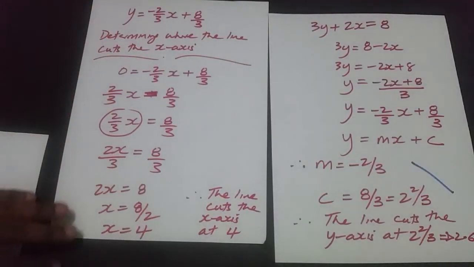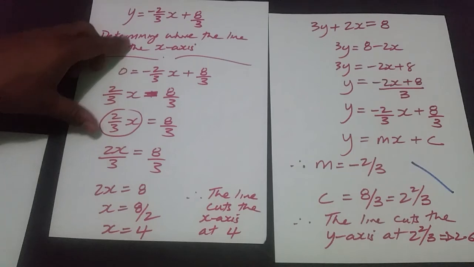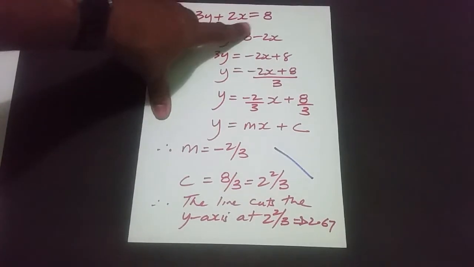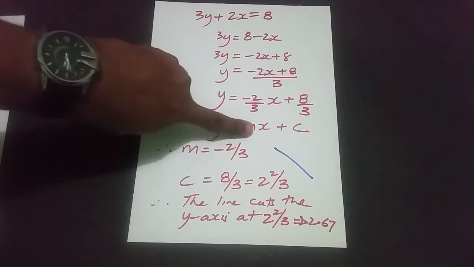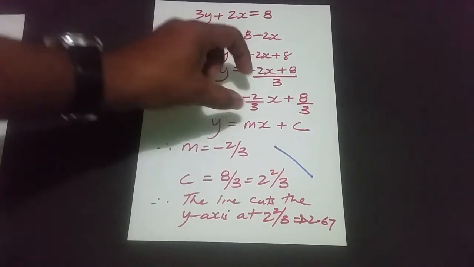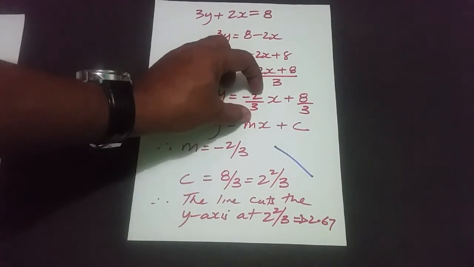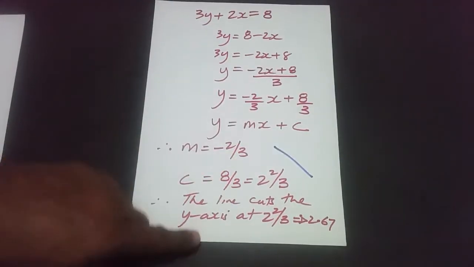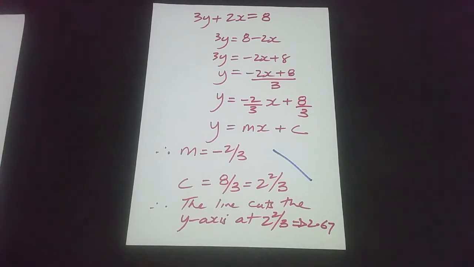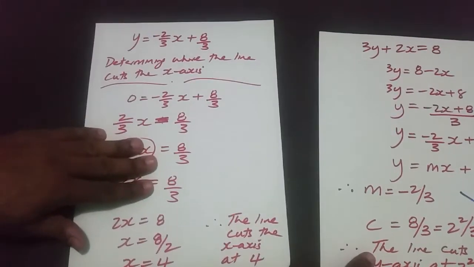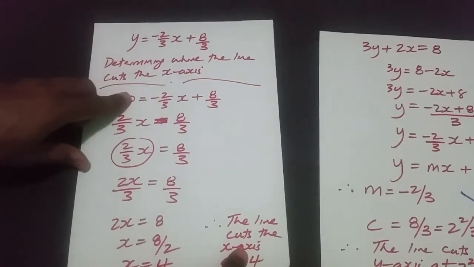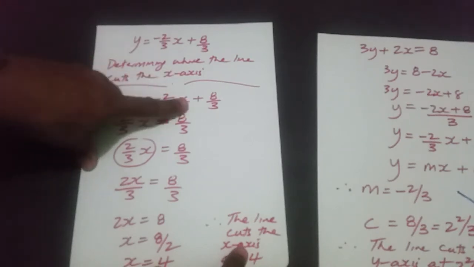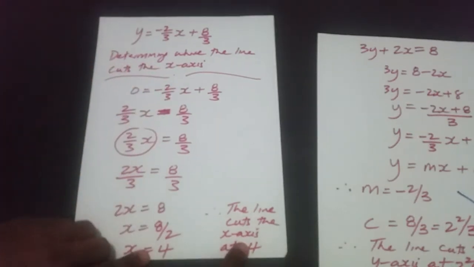If they want you to tell them what the gradient is, then you would have to convert this equation into the general form, which is that, and it'd be easy for you to determine what the gradient is, and what C is will tell us where it cuts the y-axis. Afterwards, you'd equate the equation to 0 to determine where it cuts the x-axis, solve for x, and that is what you should have got.